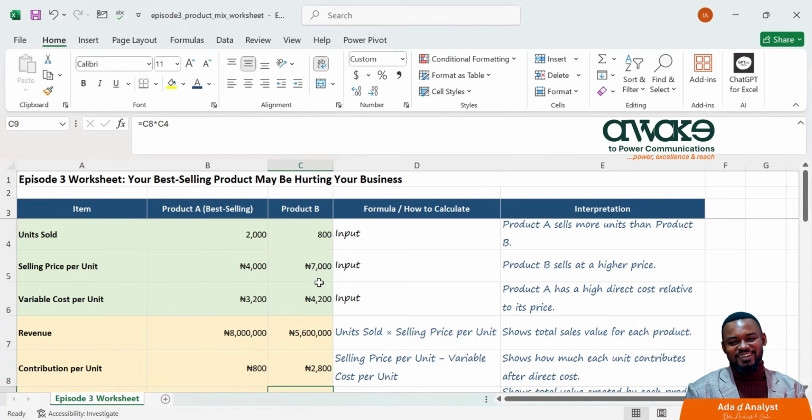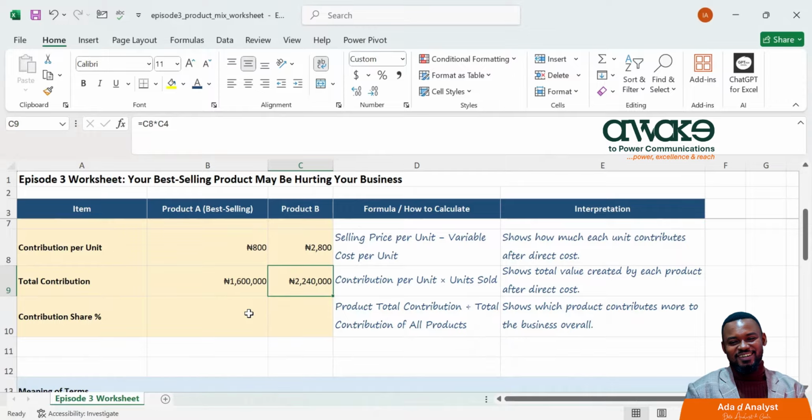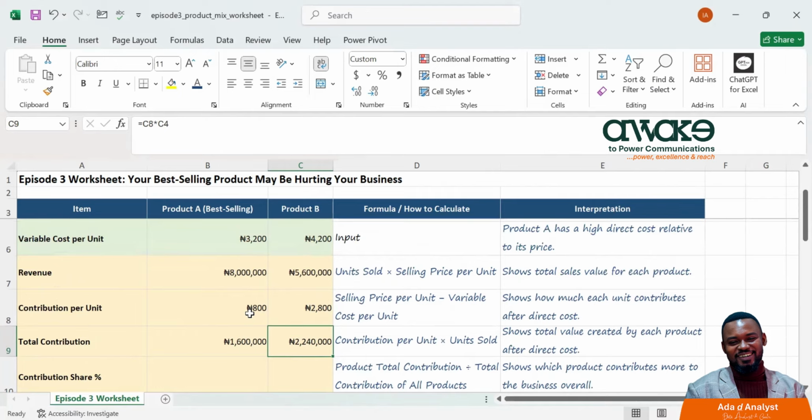However, here you can see that it costs us 4,200 to make product B, but we are selling it at 7,000. So the margin of profit is indeed higher, even though just 800 units were sold. As we progress, you're going to see the difference.